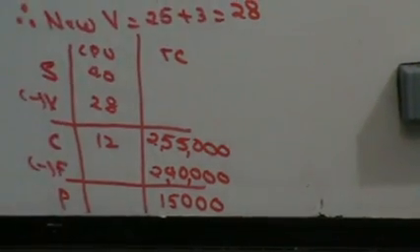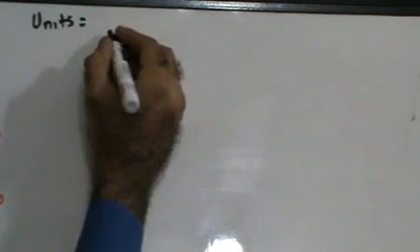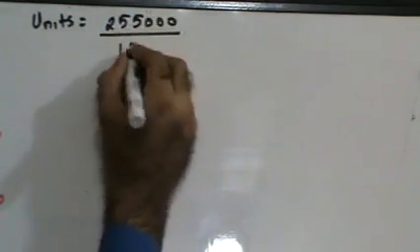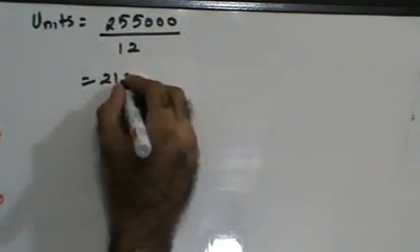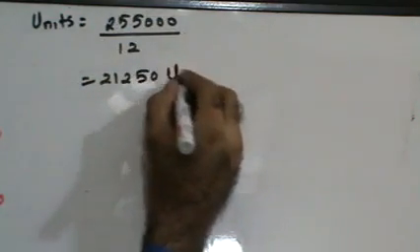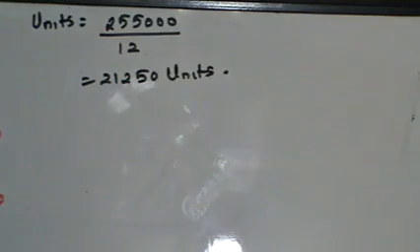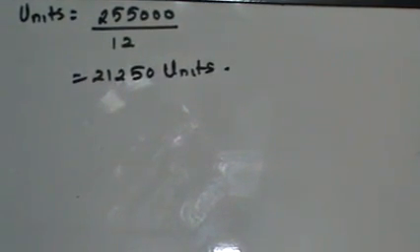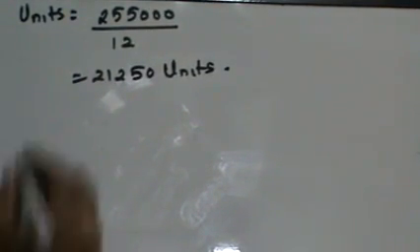So I can straight away find out the number of units. Units will be equal to 2,55,000 divided by 12, which is 21,250. Right? So if I sell 21,250 units after introducing a sales commission of 3 rupees per unit, I'll make a profit of 15,000.